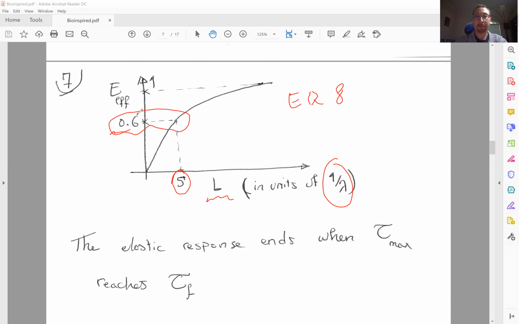And this is 0.6 relative to the highest value that the effective modulus can have.